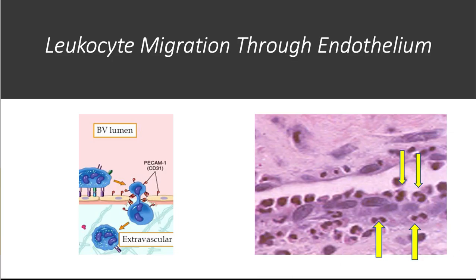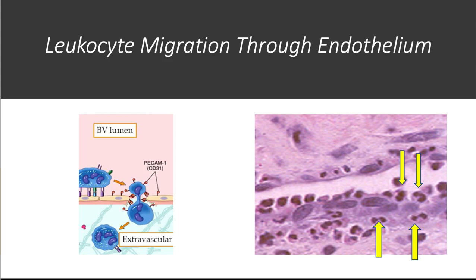After being arrested on the endothelial surface, leukocytes migrate through the vessel wall primarily by squeezing between cells at intercellular junctions. This is shown by the arrows on the right picture.